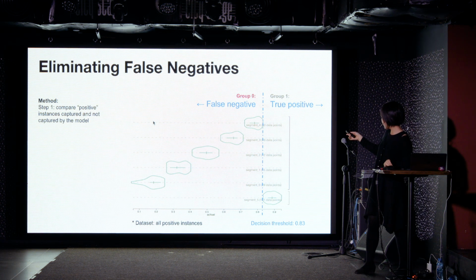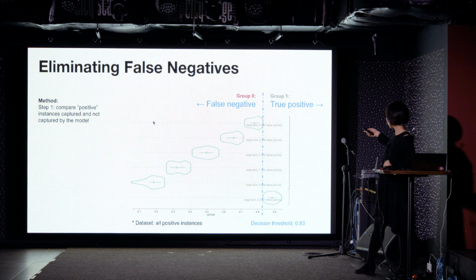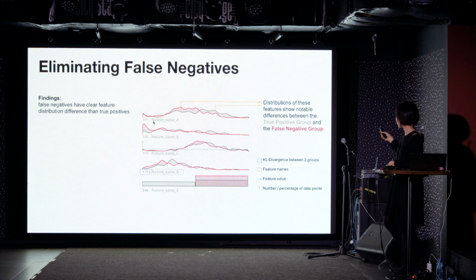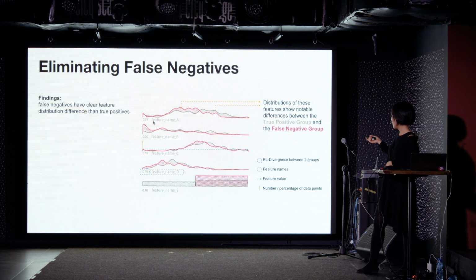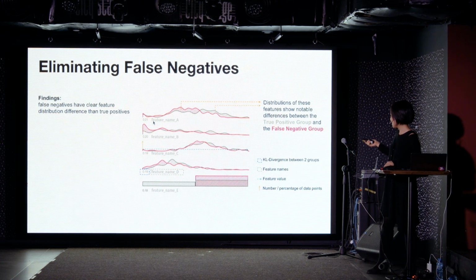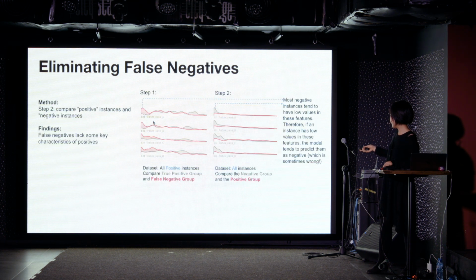Basically, they split the data set between the false negatives and true positives, and found out that the distribution between these two segments is actually different. However, given this difference, why is the model not able to detect it and why does this false negative happen? They further investigated.